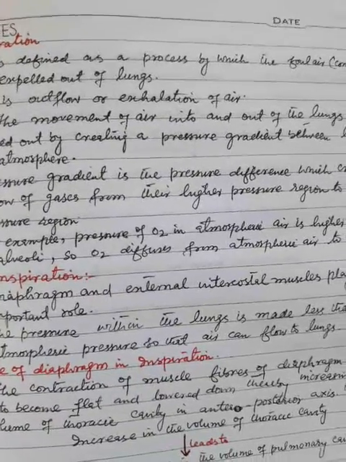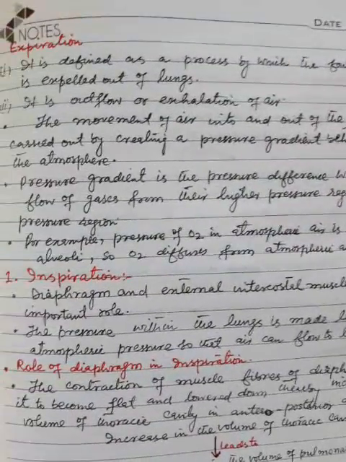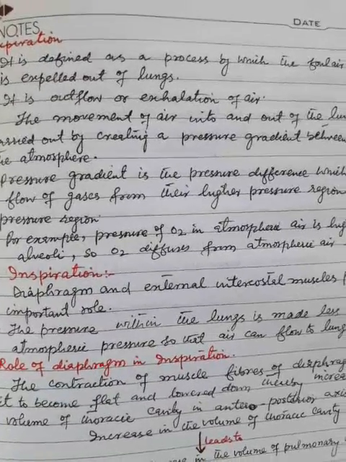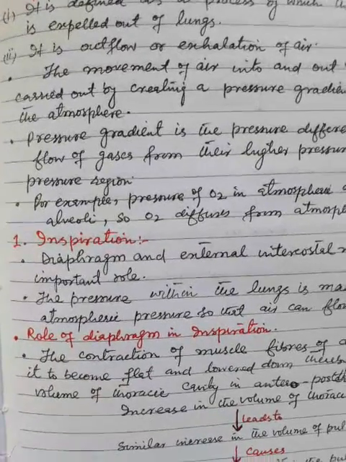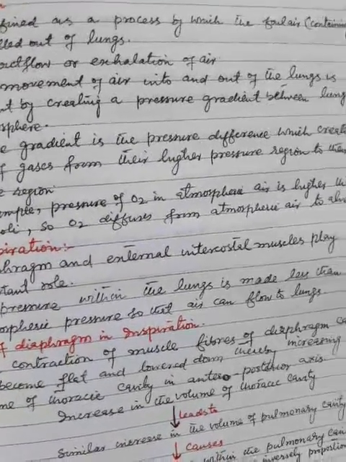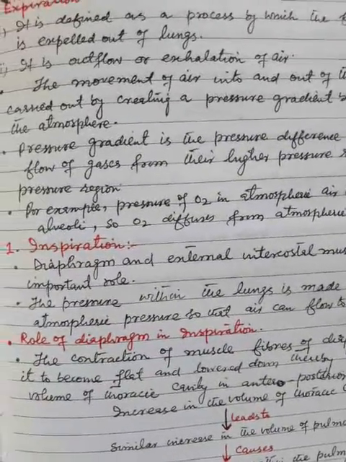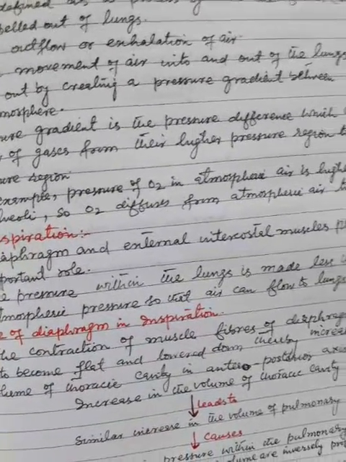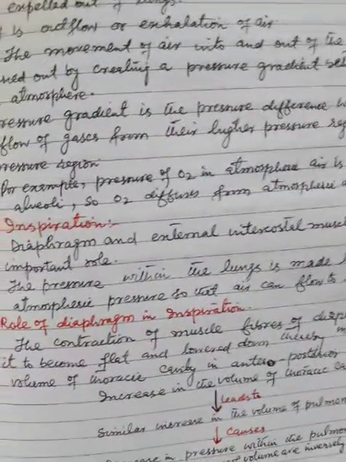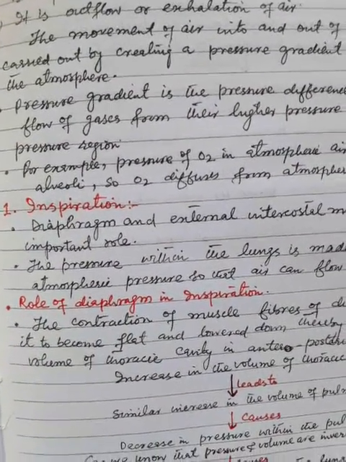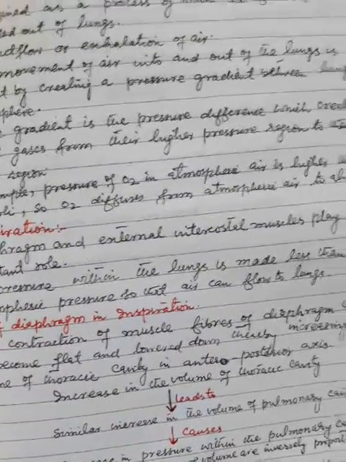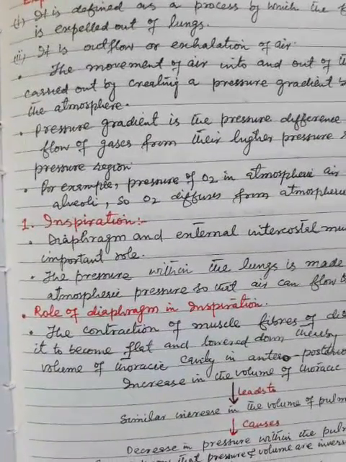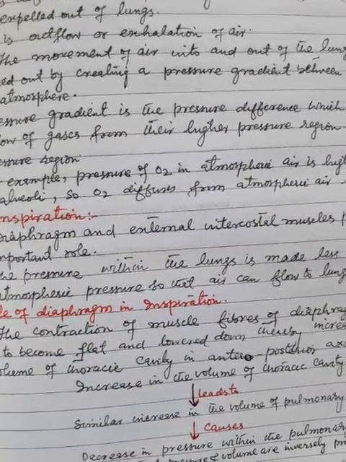The movement of air into and out of the lungs is carried out by creating a pressure gradient between the lungs and the atmosphere. Pressure gradient is the pressure difference which creates the flow of gases from their higher pressure region to their lower pressure region. For example, the pressure of oxygen in atmospheric air is higher than in the alveoli, so oxygen diffuses from atmospheric air to alveoli.